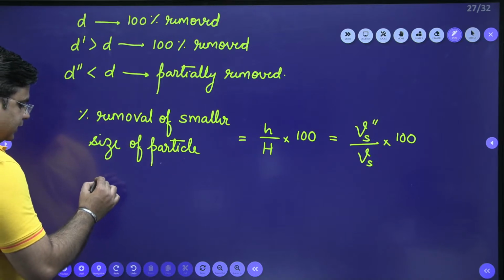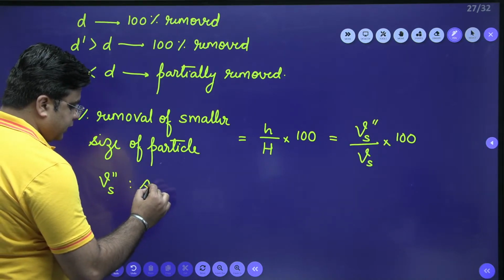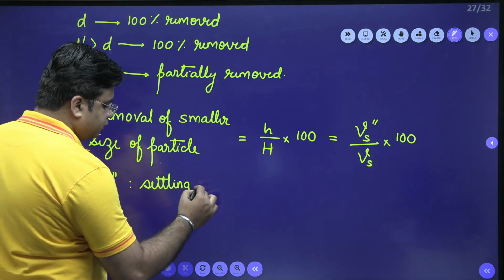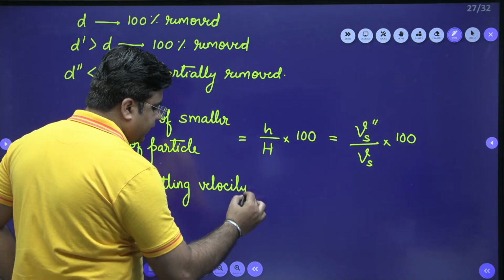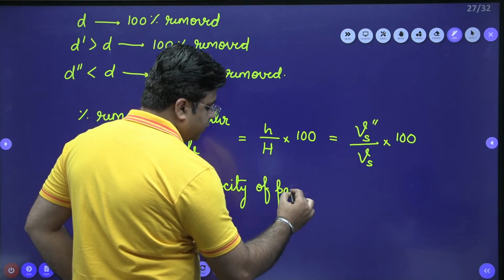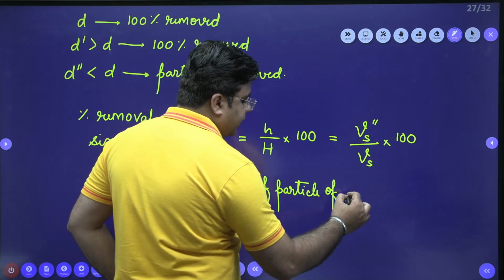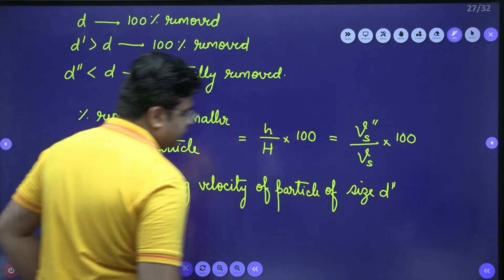So Vs double dash is the settling velocity of particle of size d double dash.